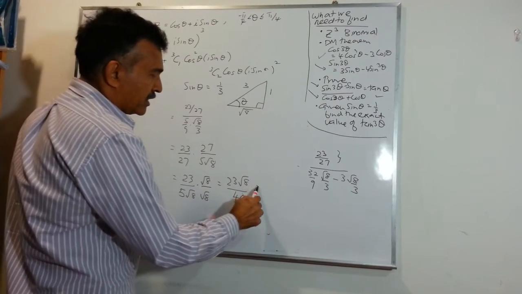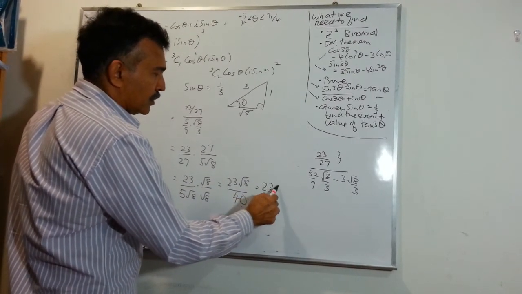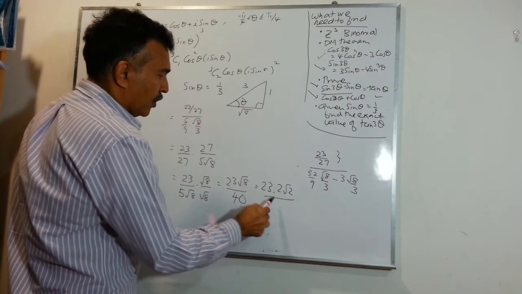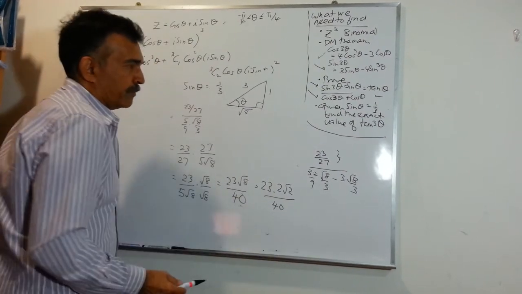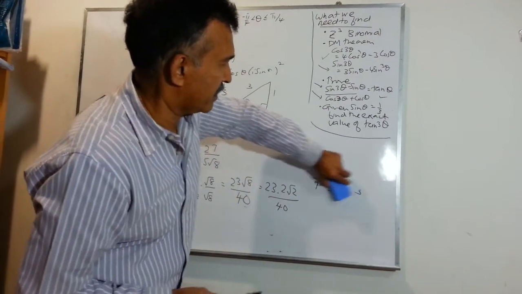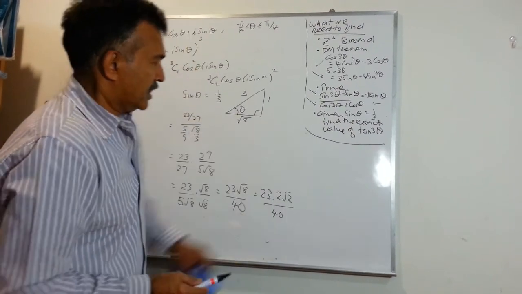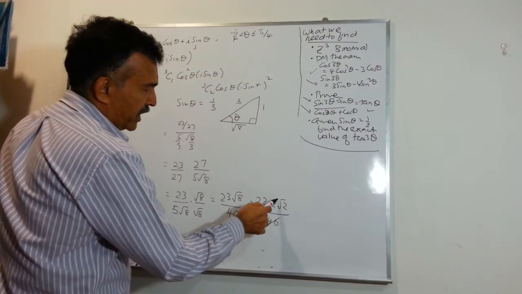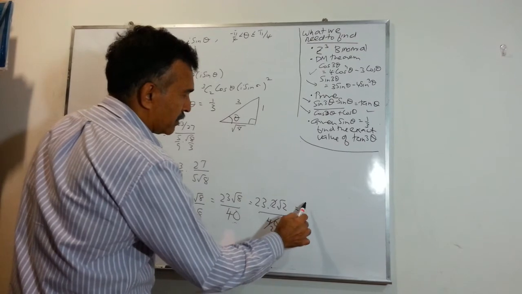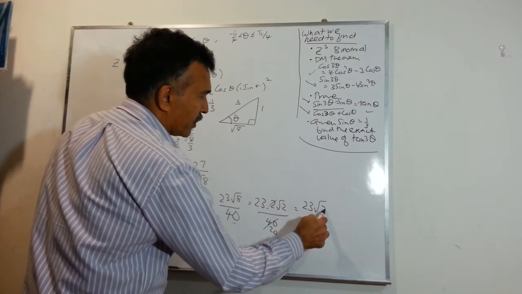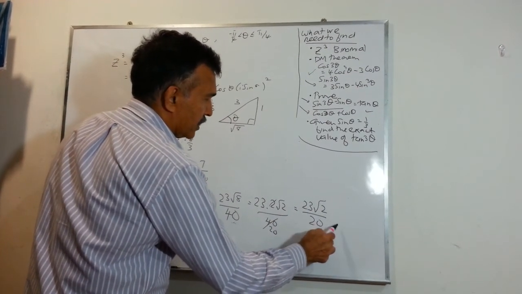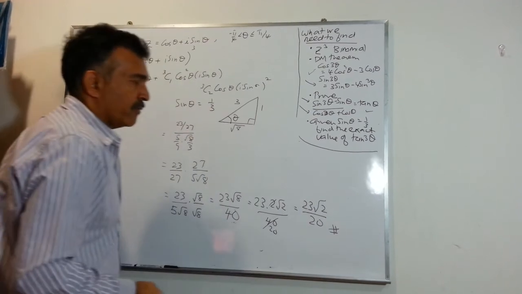What is square root of 8? 2 square root 2 over 40. Let me cancel this. 40 and 2, I have 20, so my final answer becomes 23 square root 2 over 20. And we are done.